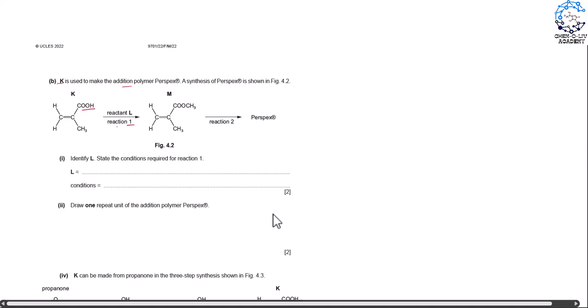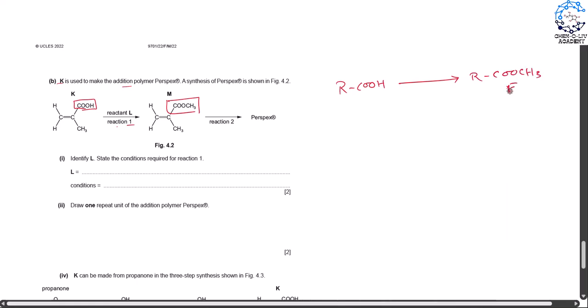I can see the COOH group is converted to COOCH3. So RCOOH is being converted to RCOOCH3. So this is an ester, and this is a carboxylic acid. So how is carboxylic acid converted to ester?